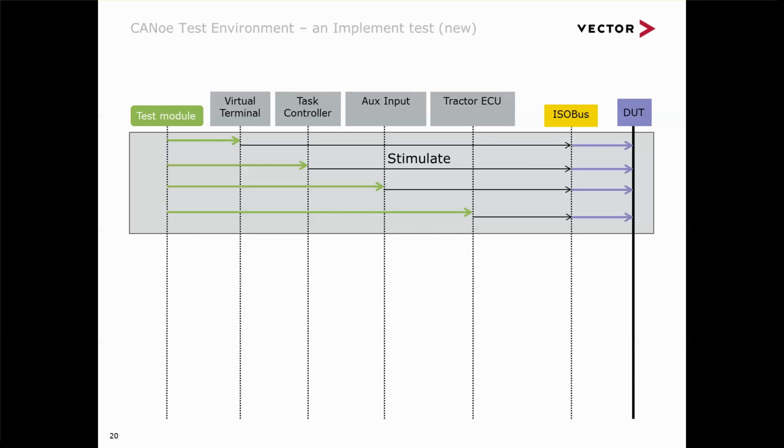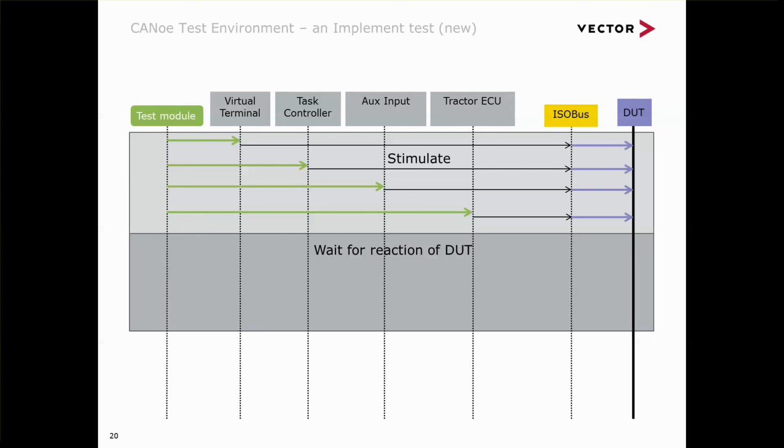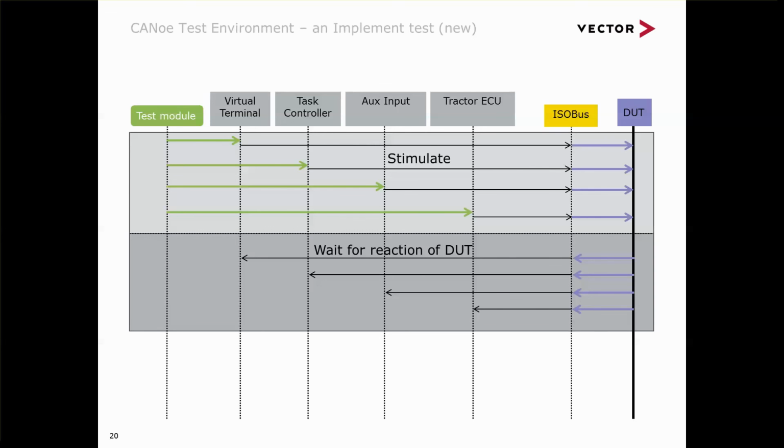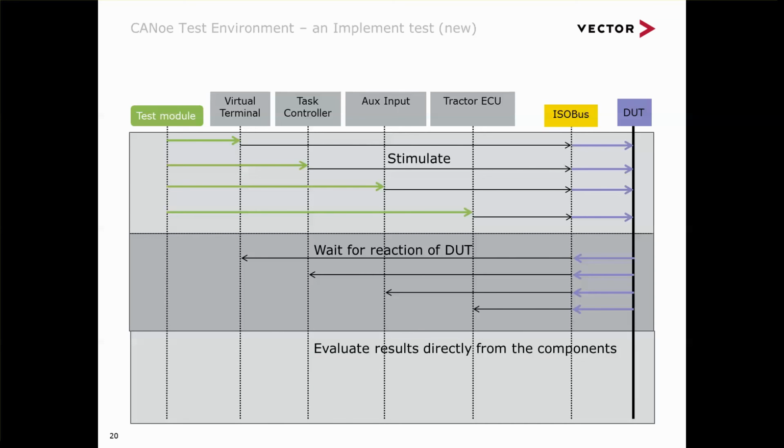This is one step. In the next step, we wait for the reaction of the DOT. The DOT will answer, and the test module or test unit will evaluate the results directly from the components without any interaction of the test person.